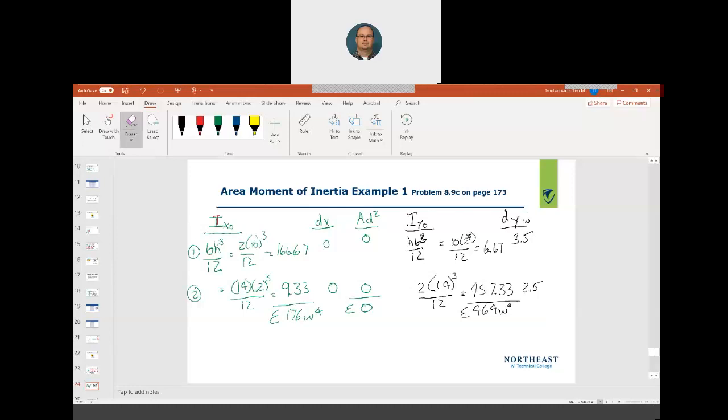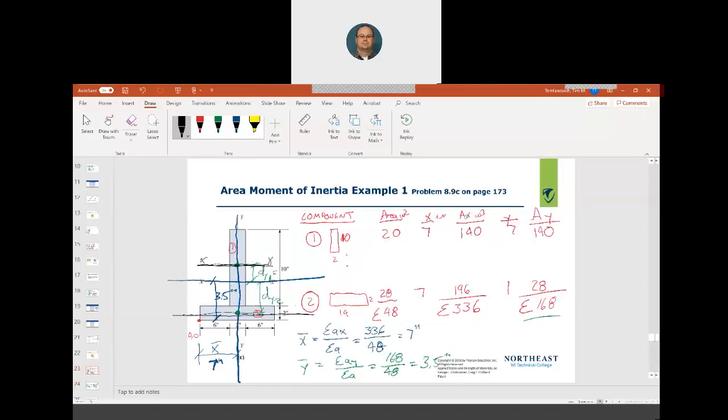Now we take the area times the distance in the y direction squared, and that will be our added moment of inertia.